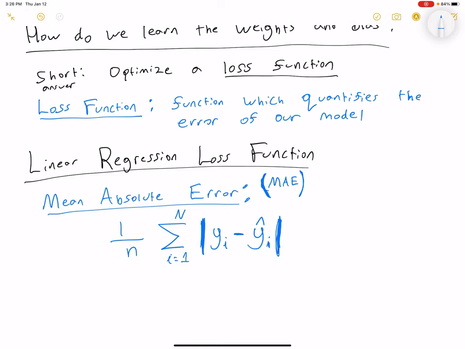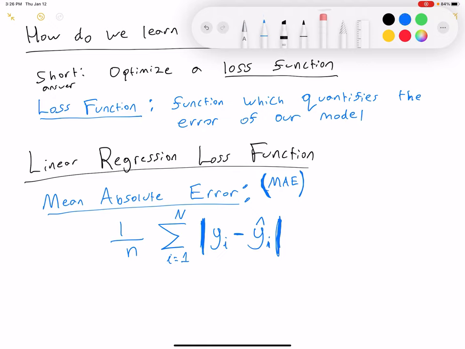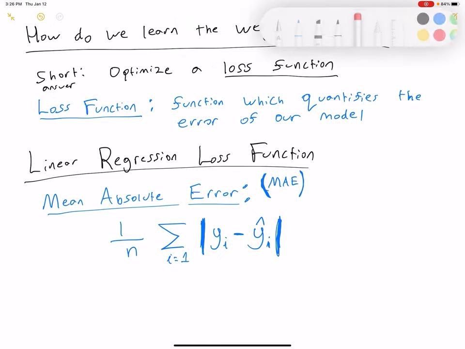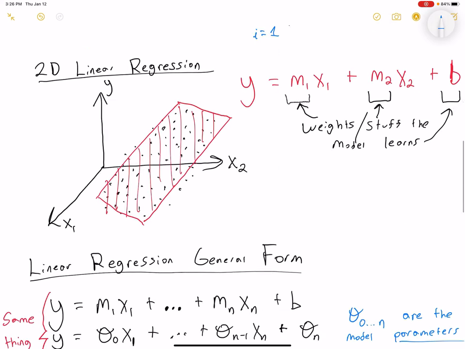What's the difference between little n and big N? Yeah, good question. I'm being kind of loose with notation here. There's not a big difference. Let's make it all little n. Let's make sure that's consistent.